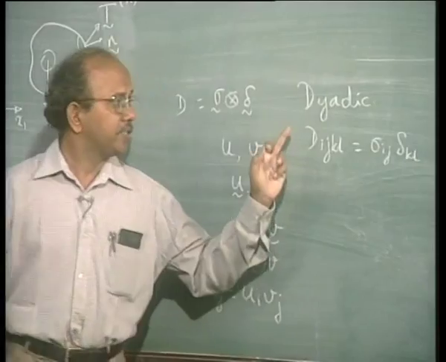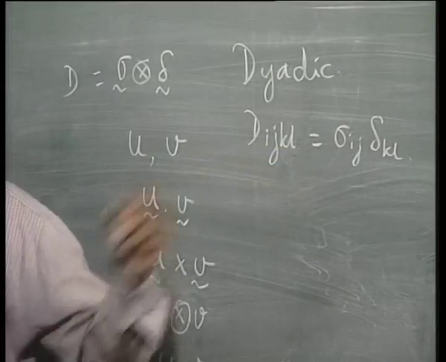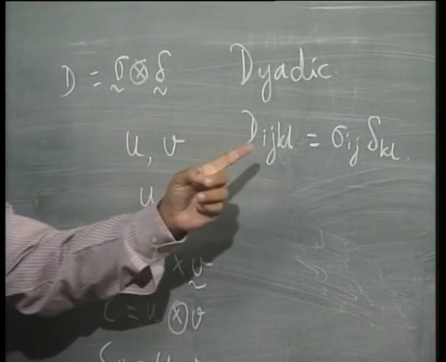So one of the operations will give me what is called a fourth order tensor.